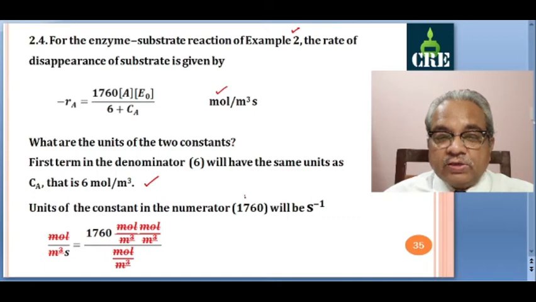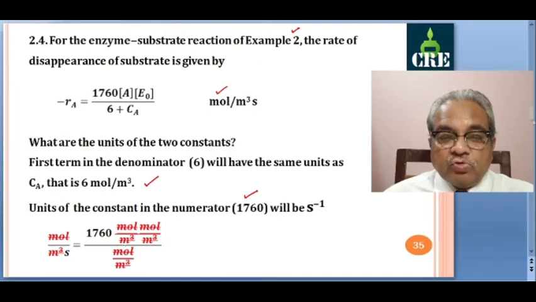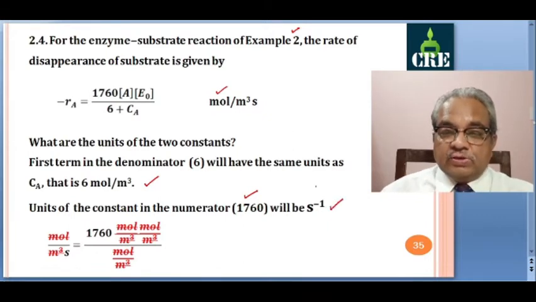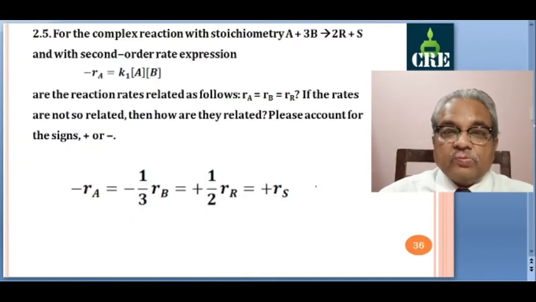Numerator 1760: minus Ra is moles per meter cube per second. 1760 into concentration is moles per meter cube, and in the denominator also we have moles per meter cube. So this cancels out with this, and this constant 1760 in the numerator is a first order rate constant, with units of time inverse, that is second inverse.